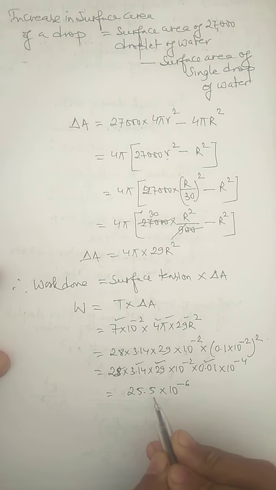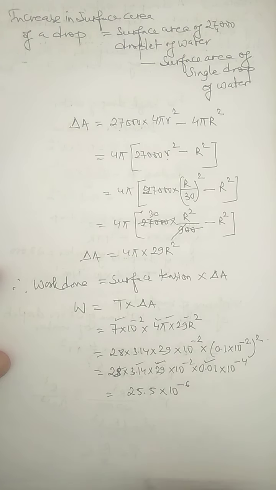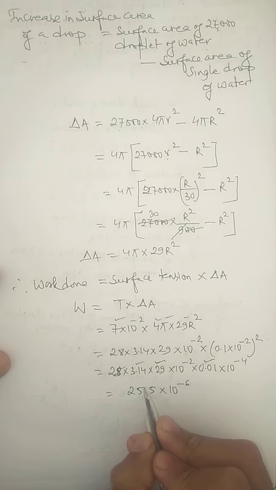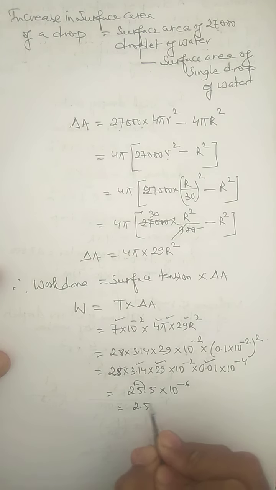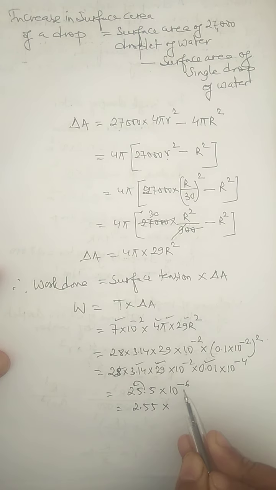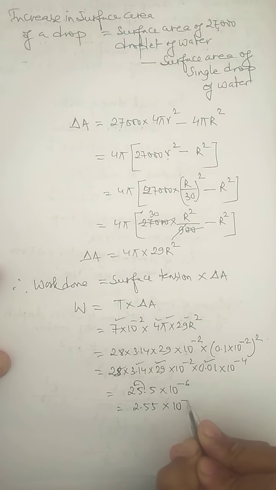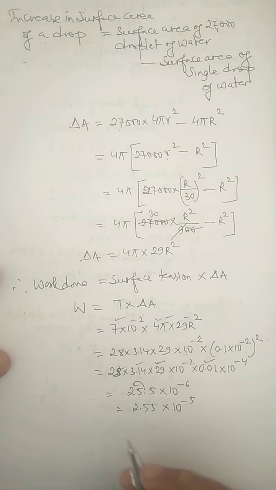So 25.5 into 10 to the minus 6. But this can be written this way also. Now I shift 1 decimal left, so it will be 2.55. Now if there is a negative power and you shift 1 decimal left, then the power changes by 1, just the opposite. So minus 6 becomes minus 5.